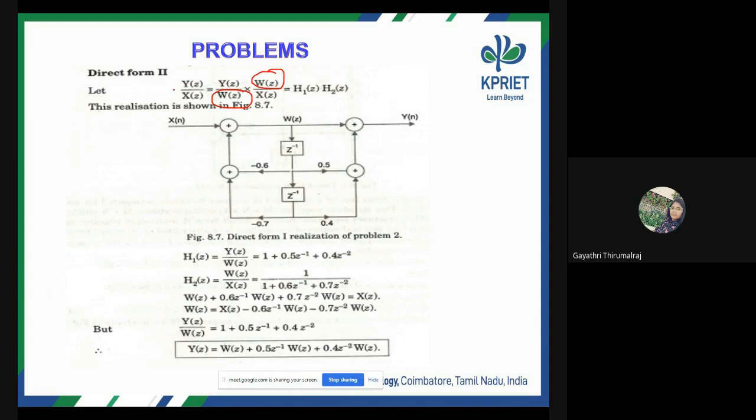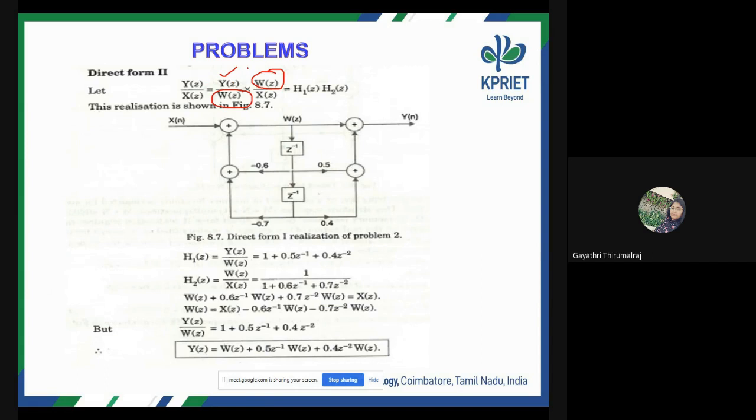So y of z divided by x of z into w of z divided by w of z. Here you divide the output term by w of z, and for x of z you take w of z as the numerator value. So you get two terms here.